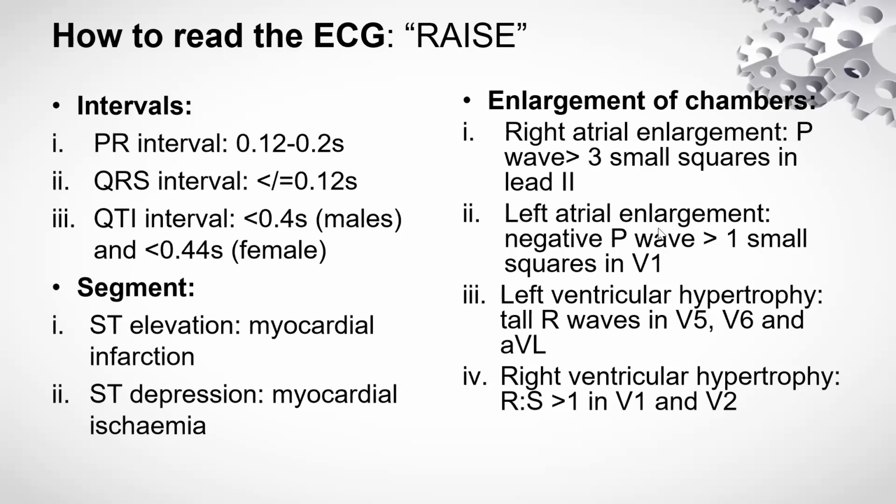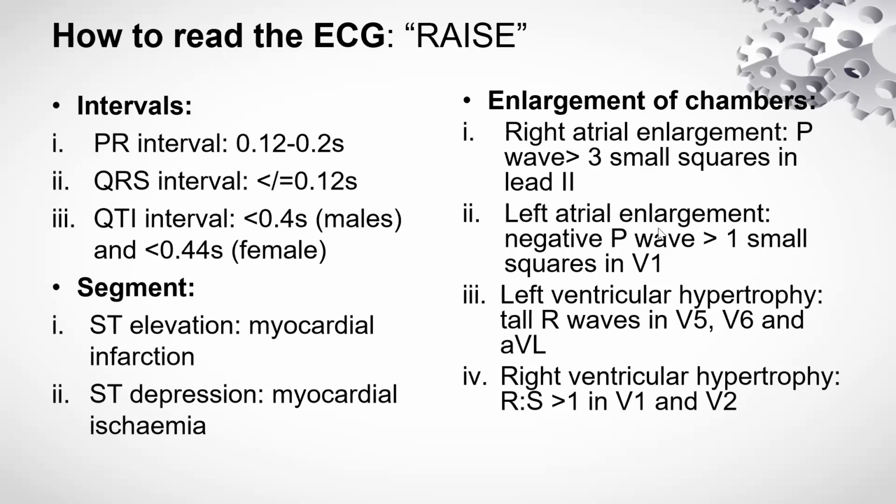Left atrial enlargement, the P wave will be greater than 1 square in lead V1. Left ventricular hypertrophy, which is very important, especially in chronic hypertensives, you'll see tall R waves in the chest leads V5, V6, which look at the anterior parts of the heart.